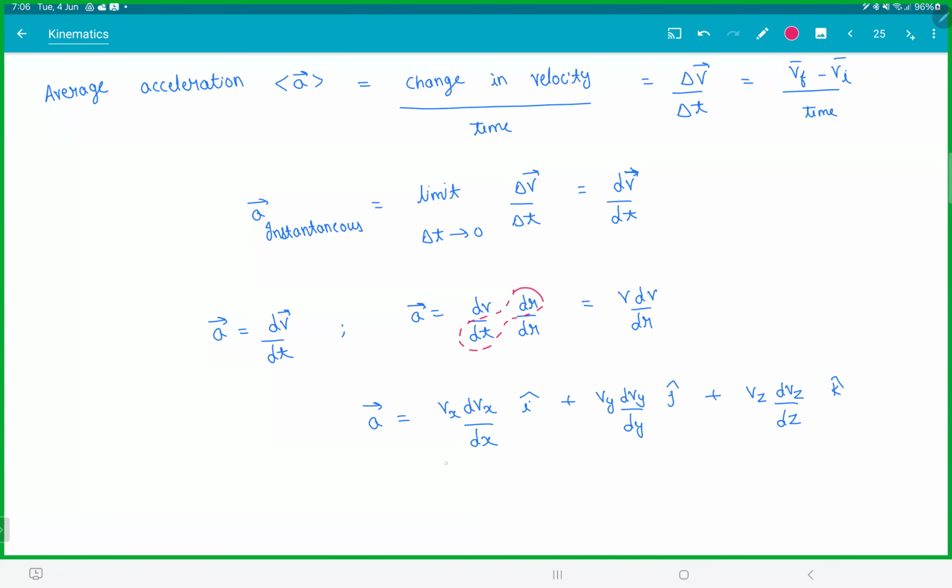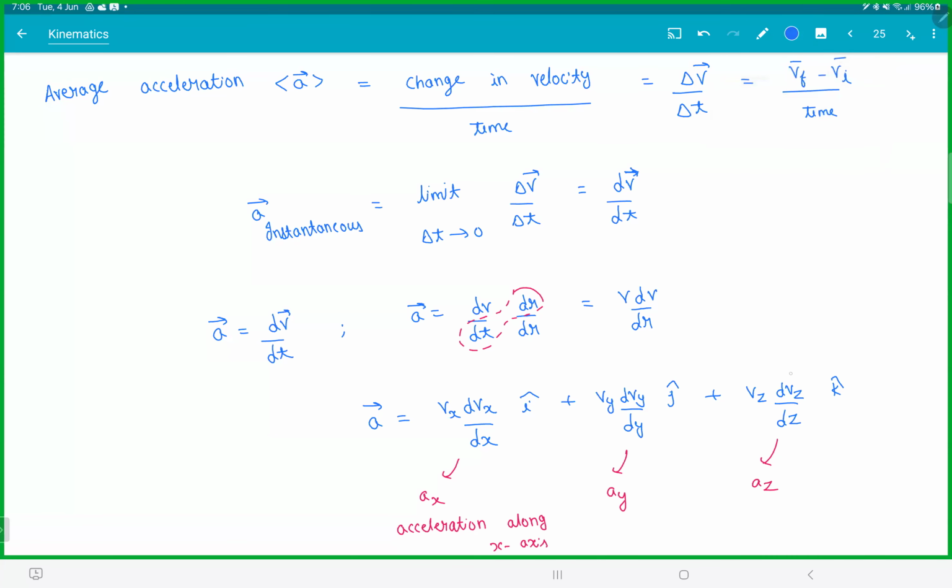So this is ax, which is acceleration along x-axis. This is ay, acceleration along y-axis. This is az, acceleration along z-axis. Have a look at this. Till now, all this differentiation and integration, what we did, v dv by dr, we were only using for one-dimensional.